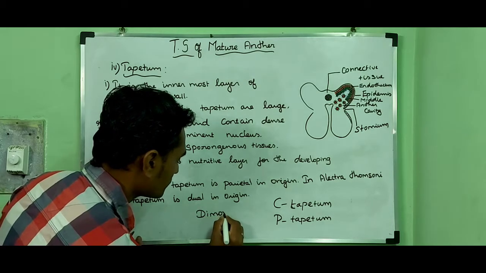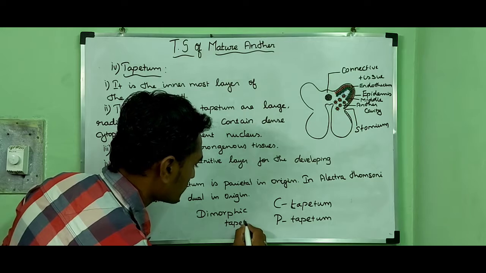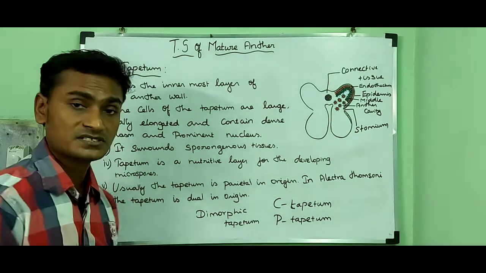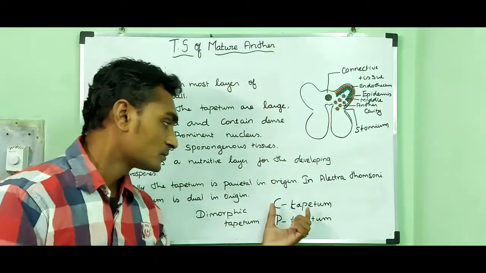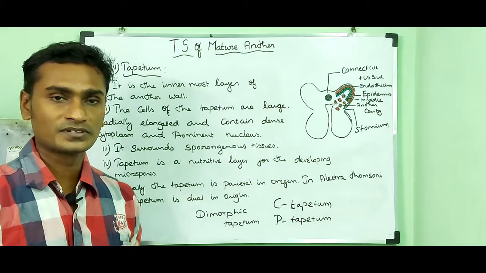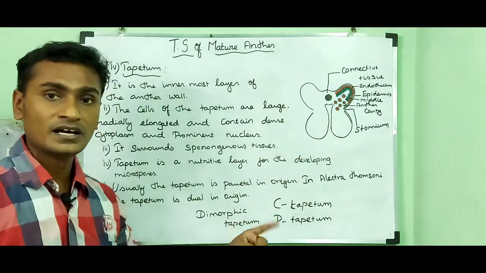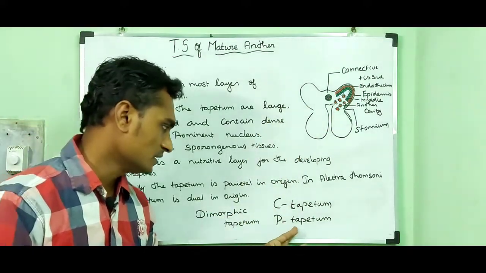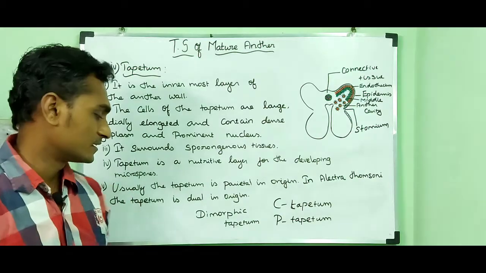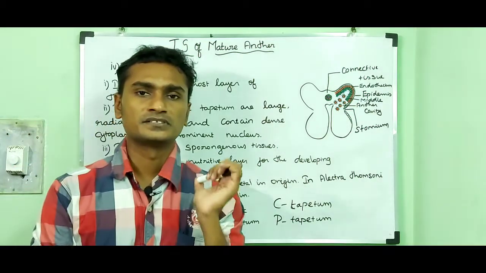This type of tapetum is called dimorphic tapetum because it is derived from two types of layers. One portion is derived from the connective tissue, another portion from the parietal layer. That is why it is called dimorphic tapetum.